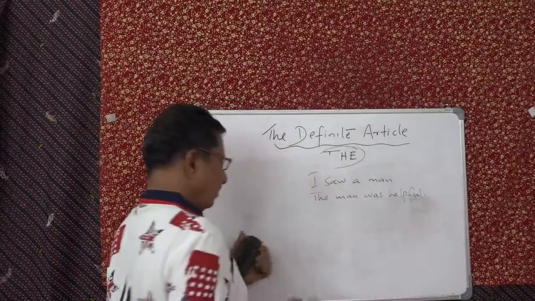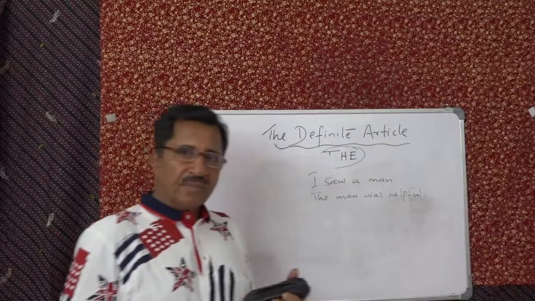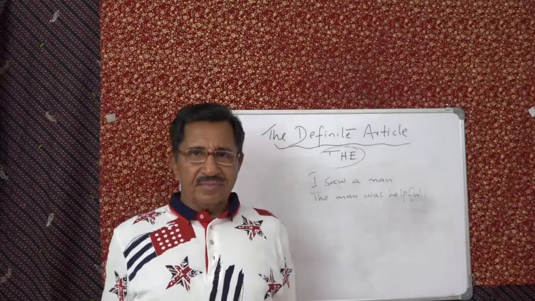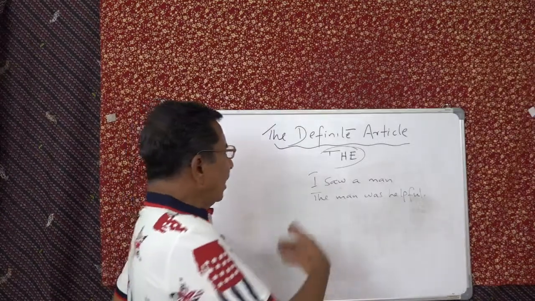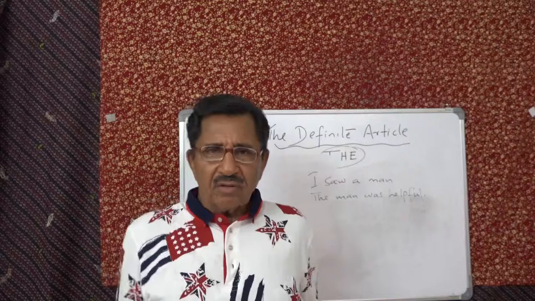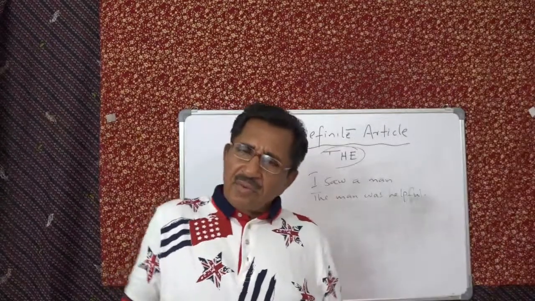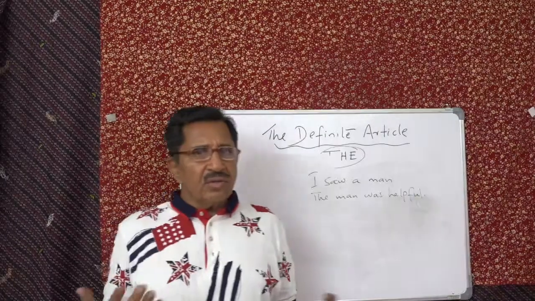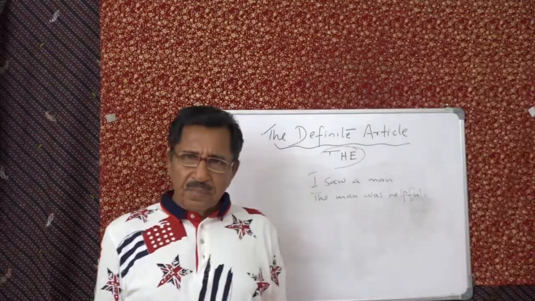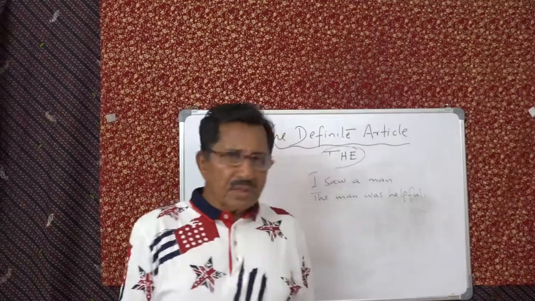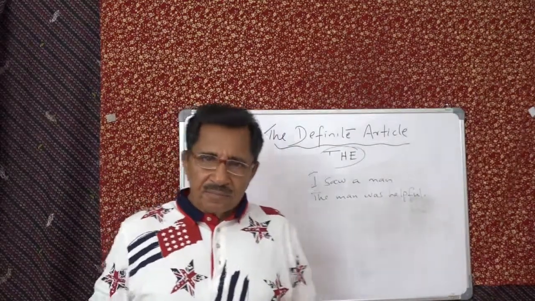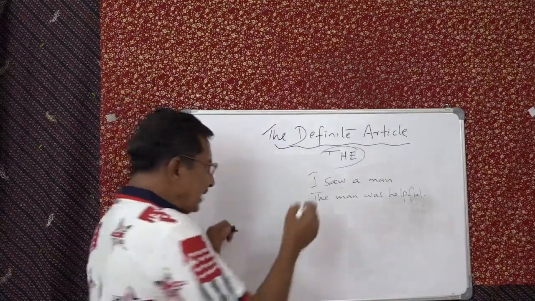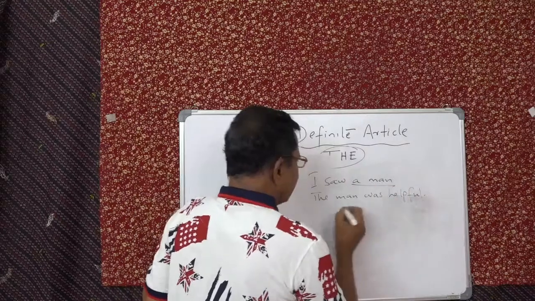So in this case two sentences, same noun, but in the first sentence, I saw a man. I saw a boy. I saw a girl. I saw a woman. I saw a sheep. I saw a merchant. I saw a pencil. But when you see the second sentence, the same word comes.